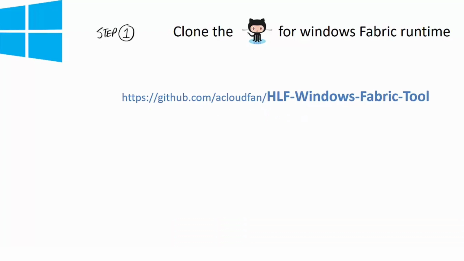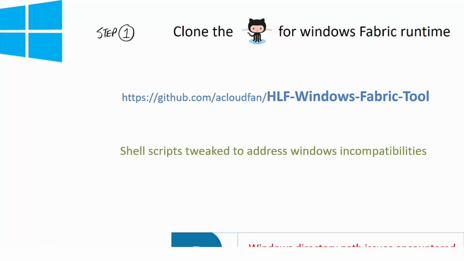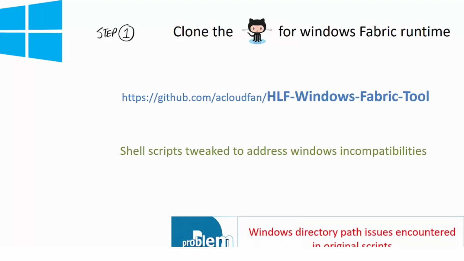Next, we will clone the HLF Windows Fabric tools repository. Now, if you're wondering why I had to create a new repository when the Fabric tools are available from the Fabric developers, the reason is that when you run the shell scripts the way they are set up in the Cygwin terminal, there are some Windows directory path related issues.